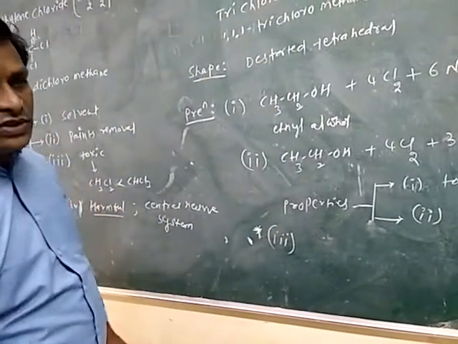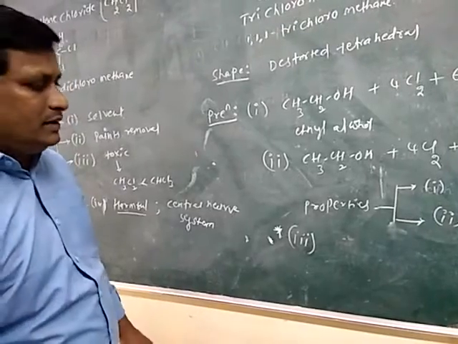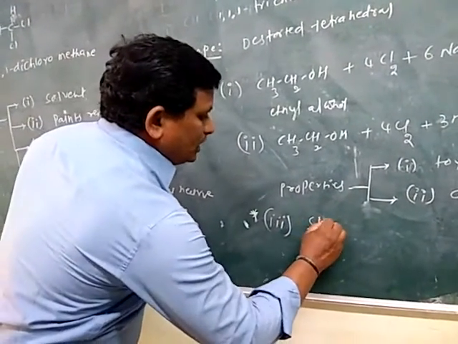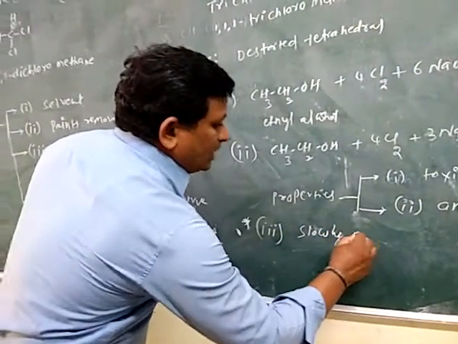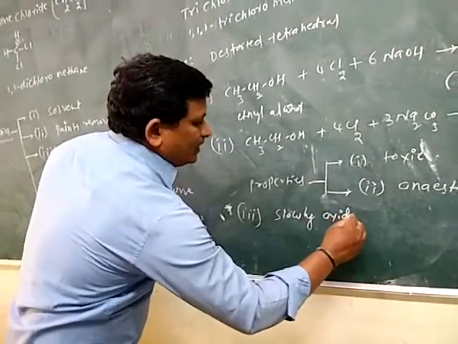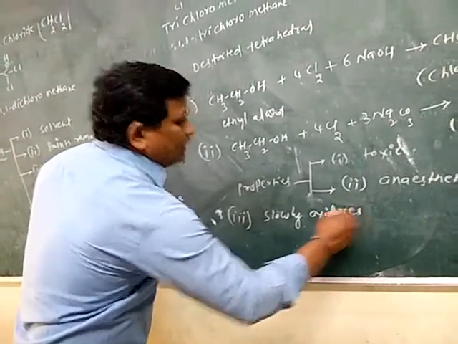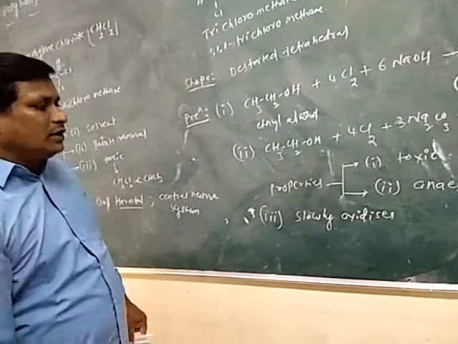Chloroform slowly oxidizes. It gives carbonyl chloride.